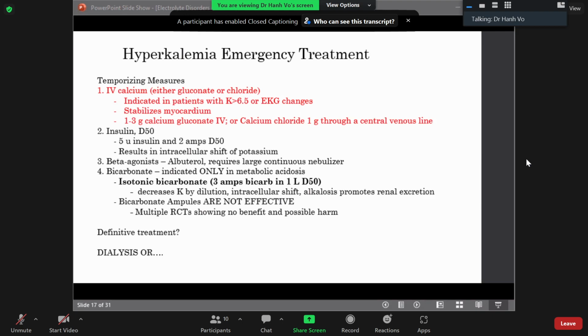Do you have experience using this? Anyone have experience using the potassium removing agents?